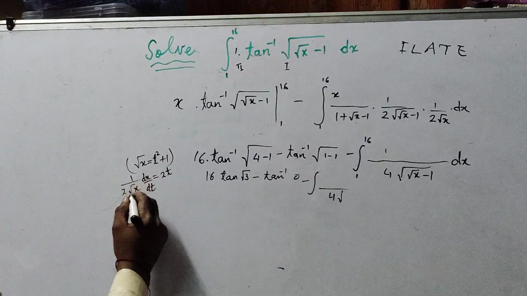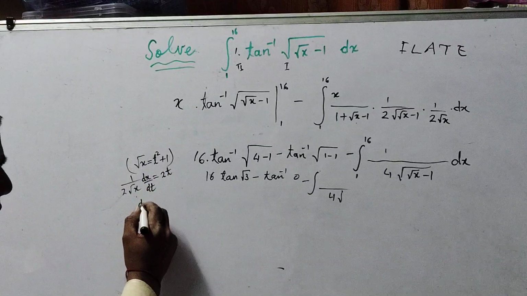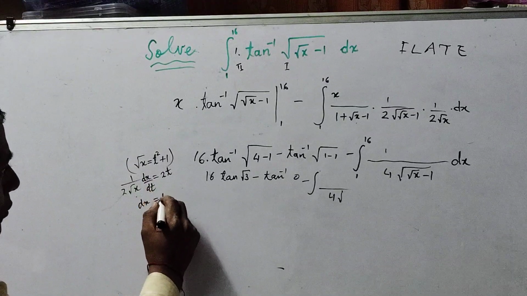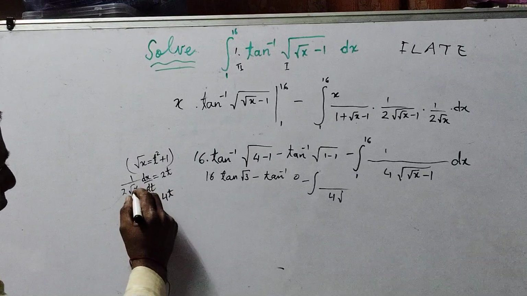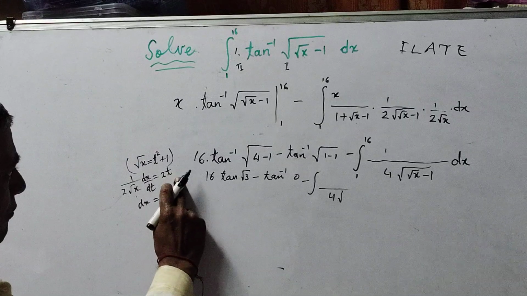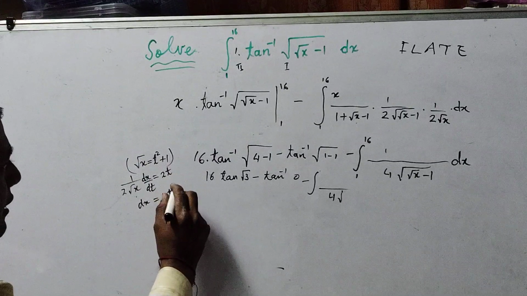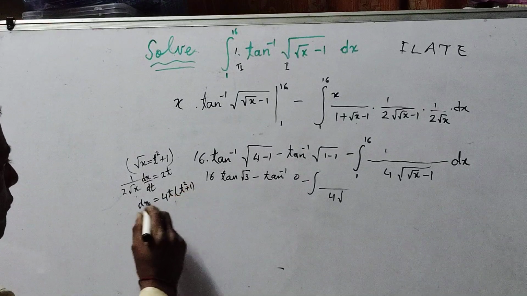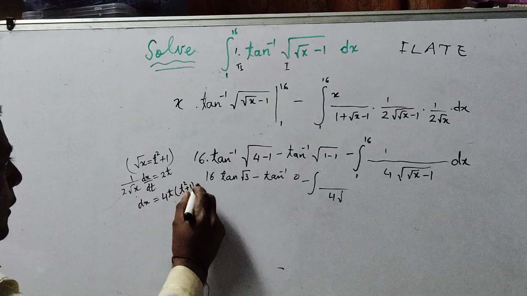Now the x value we again plug in and multiply the other side: dx equal to 4t into square root x, and square root x is nothing but t square plus 1, into dt.